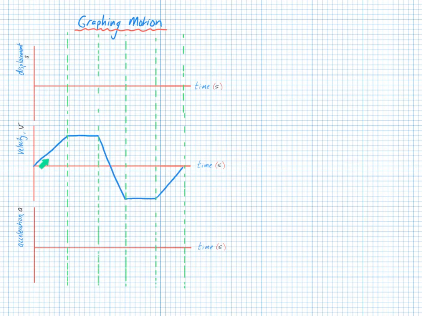The first segment here, we see a constant rate of change of velocity. This represents a constant acceleration in the positive direction. If we were given values here, you'd have to make a calculation of the gradient in this section. For the next section, the velocity is constant, representing no acceleration.